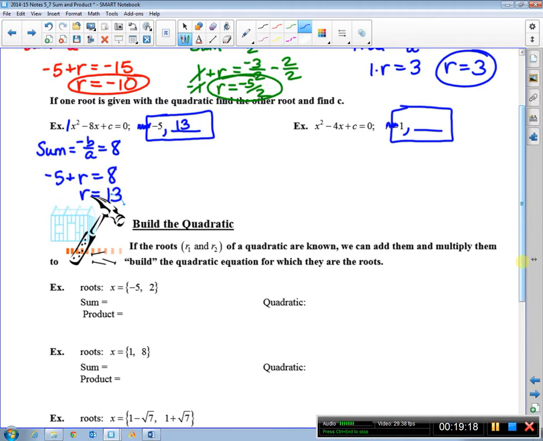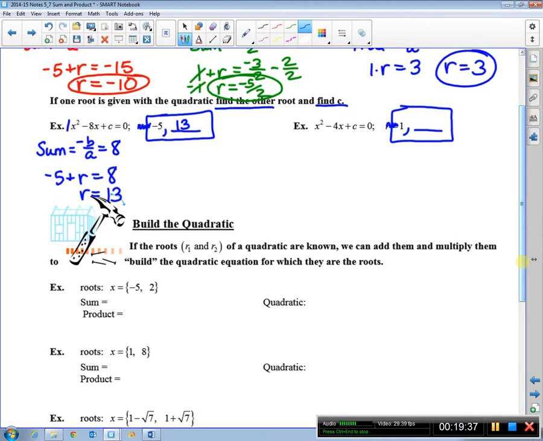They wanted us to do one more step. If 1 root is given, find the other root and find C. So C here would be part of the product of the roots, especially since A is 1.